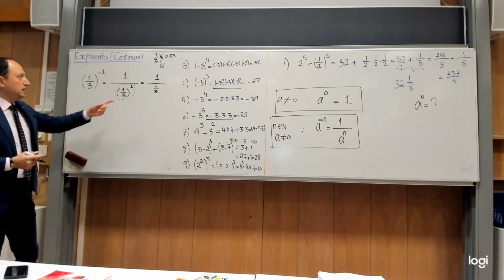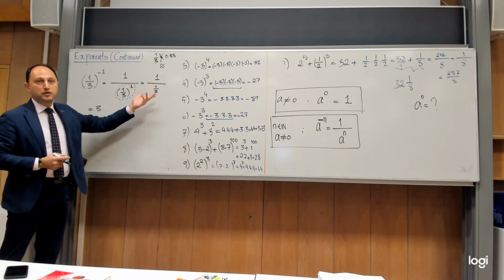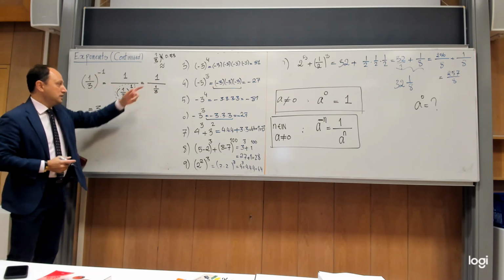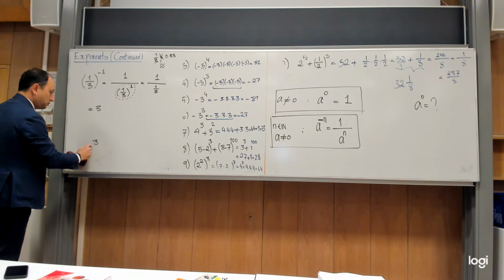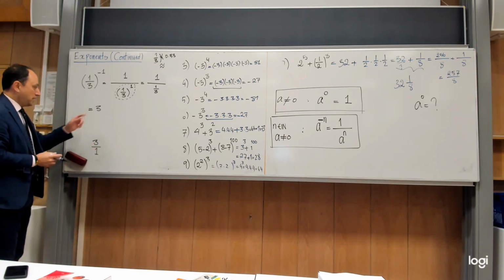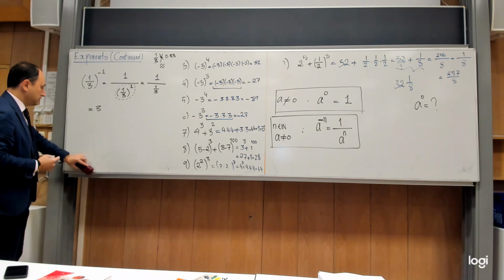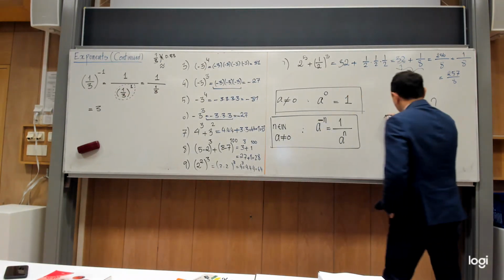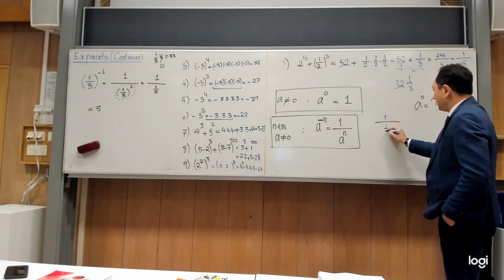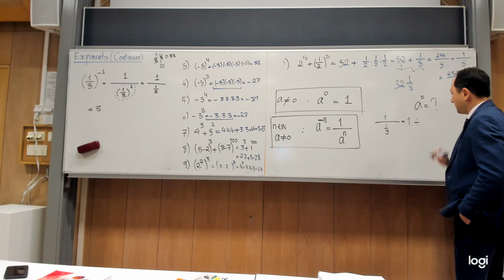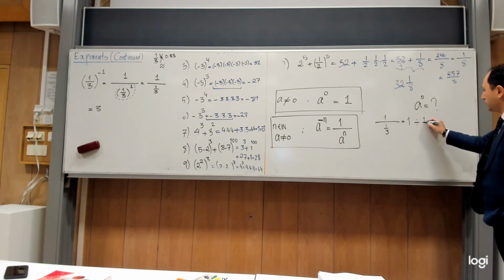Because first of all, it is the reciprocal of 1 over 3. So it means that I have to interchange the role of numerator and denominator. In principle, it becomes 3 over 1, but 3 over 1 is the same as 3. So this is one way of understanding that. Another way of understanding is to write 1 divided by 1 over 3.